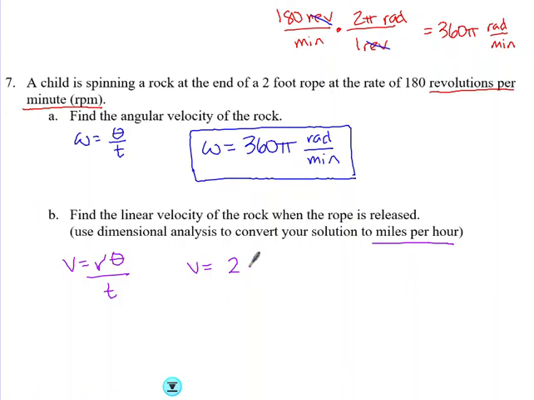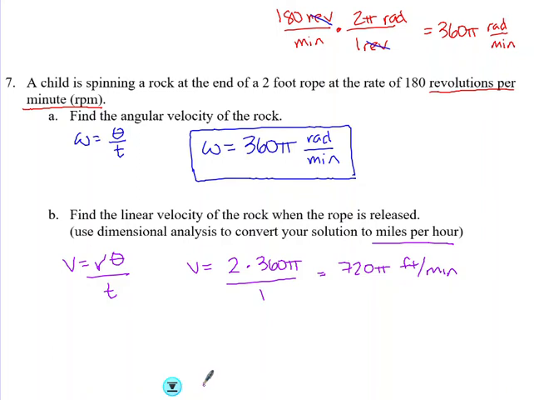So we are multiplying by 360 pi radians per 1 minute. So we get 720 pi. This is feet per minute, because we had feet and we have minutes.